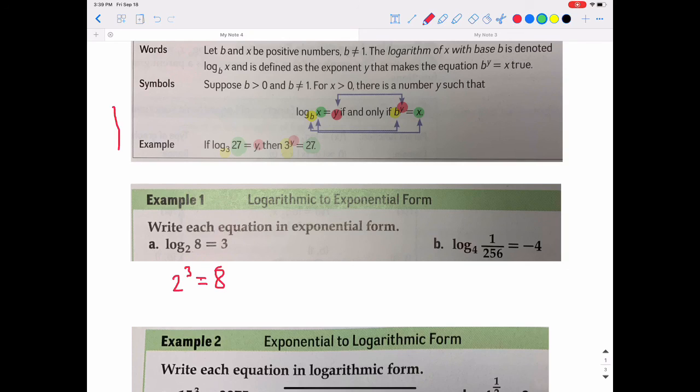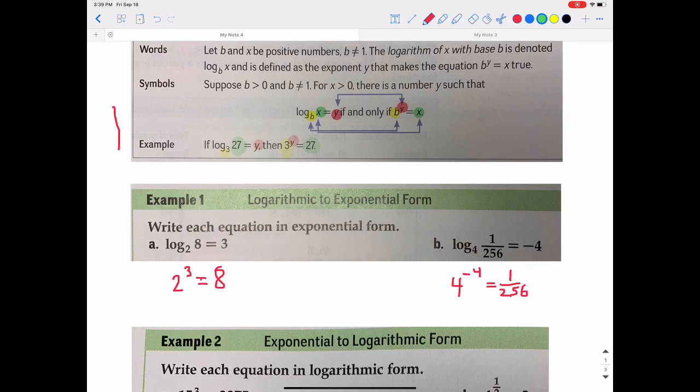On example B, to write that as an exponential, the log is in base 4, so we would write 4 as the base of our exponential function. The exponent is the negative 4, and that equals 1 over 256, what we're trying to find the log of.